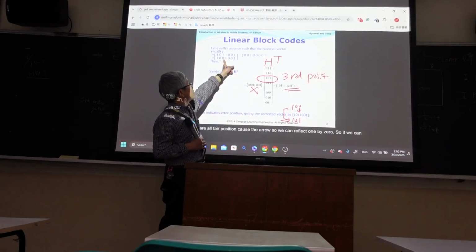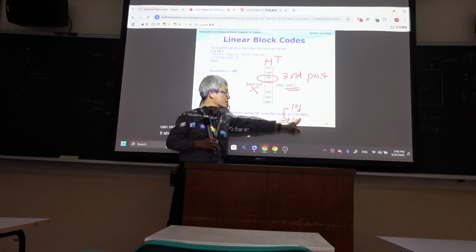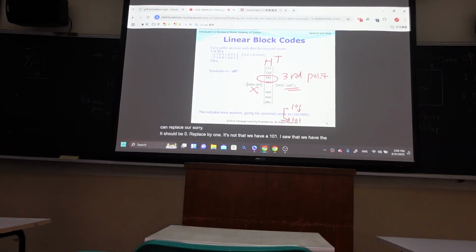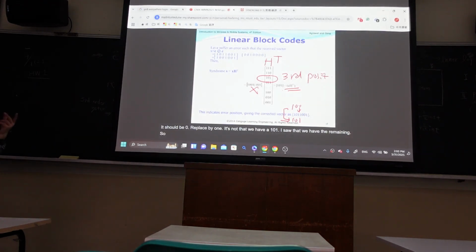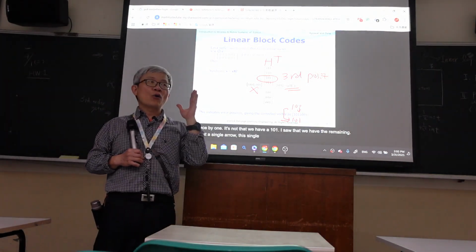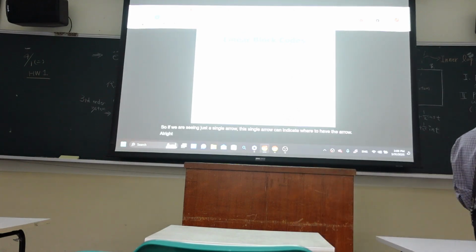It should be 0 replaced by 1, and so that we have 101, and so that we have the remaining bits. So if we assume just a single error, this single error can indicate where the error is. Alright, so that we can have the correction.